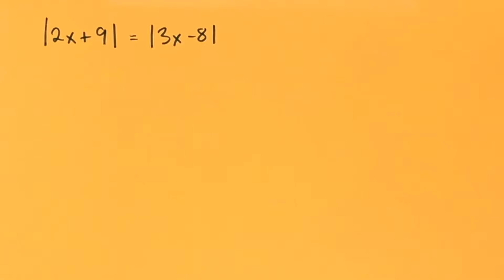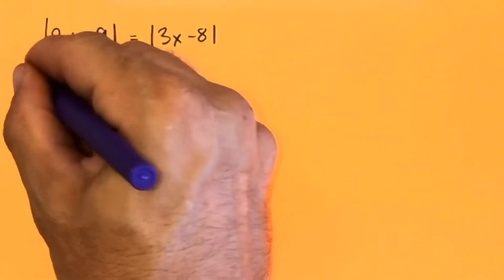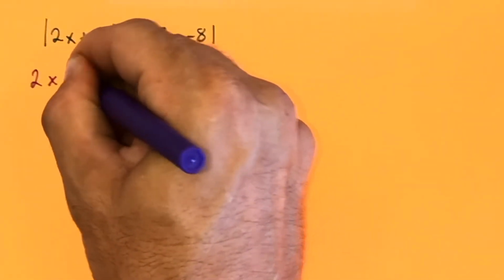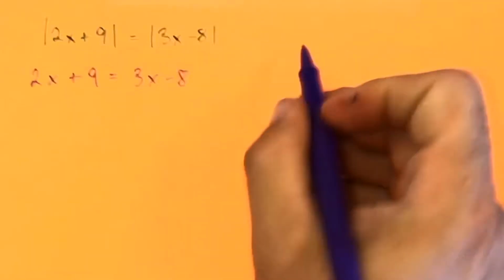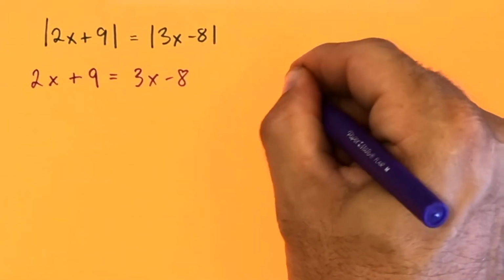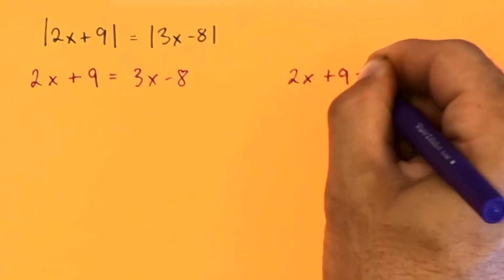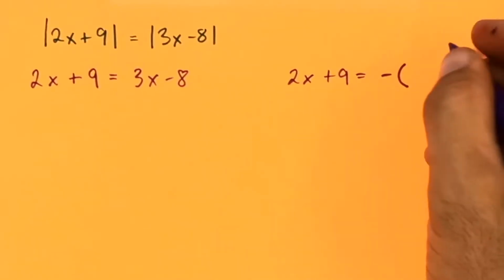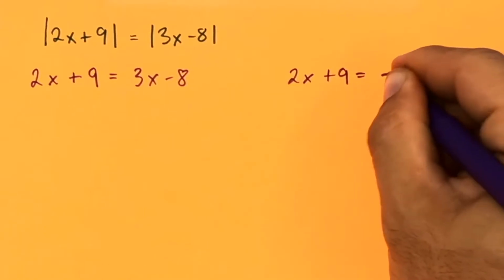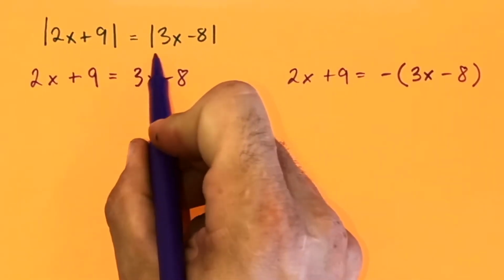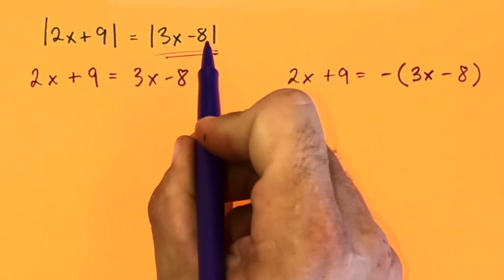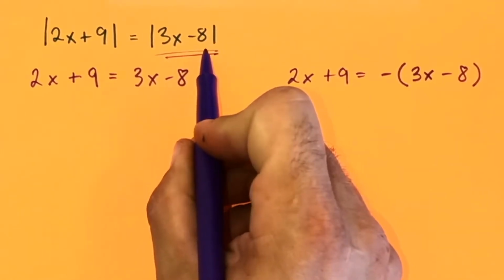This one's interesting because you have the absolute value on both sides. Not much to move around, but basically you're just setting the 2x plus 9 equal to the 3x minus 8. And as we did in the other questions, you're also setting that 2x plus 9 equal to the negative of the entire result. Make sure you put the negative, the parentheses, and the 8, because you're going to make this entire thing the negative.